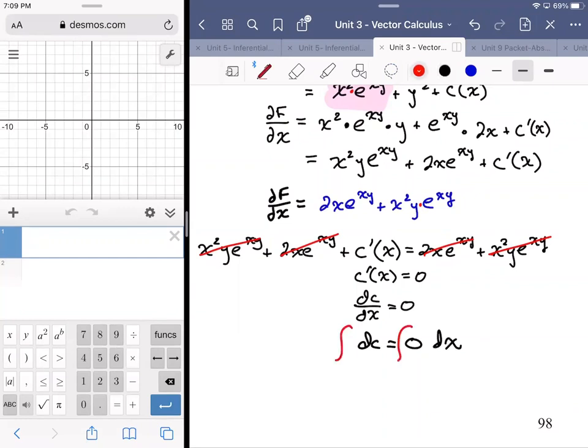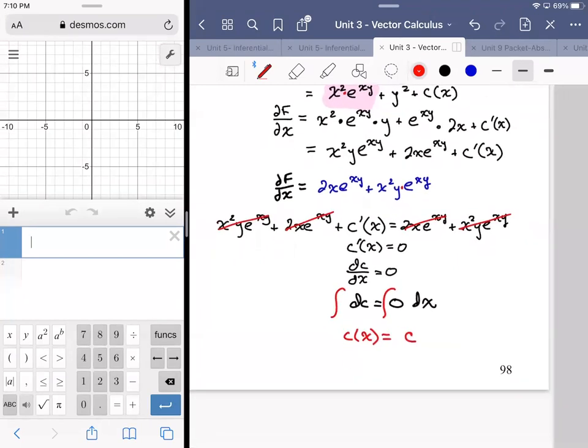Antiderivative of 1 with respect to c would be c, but it's really the function c of x. The antiderivative of 0 is some constant, but this is a function of one variable, so it's going to be an ordinary constant. So c of x is going to be equal to c.